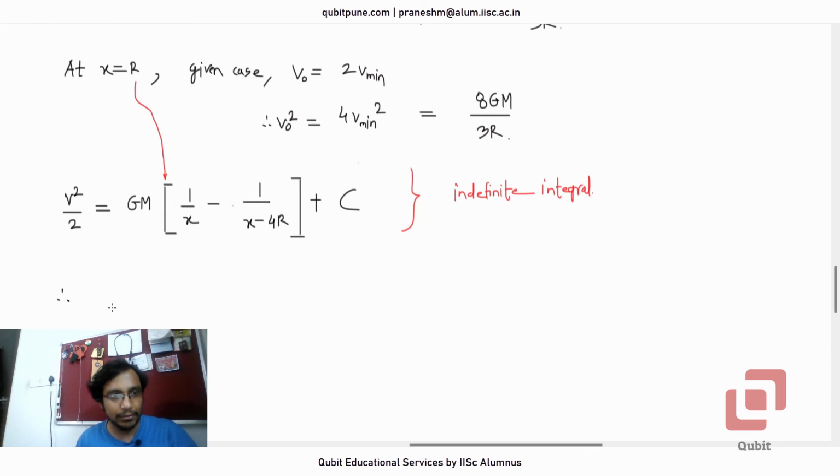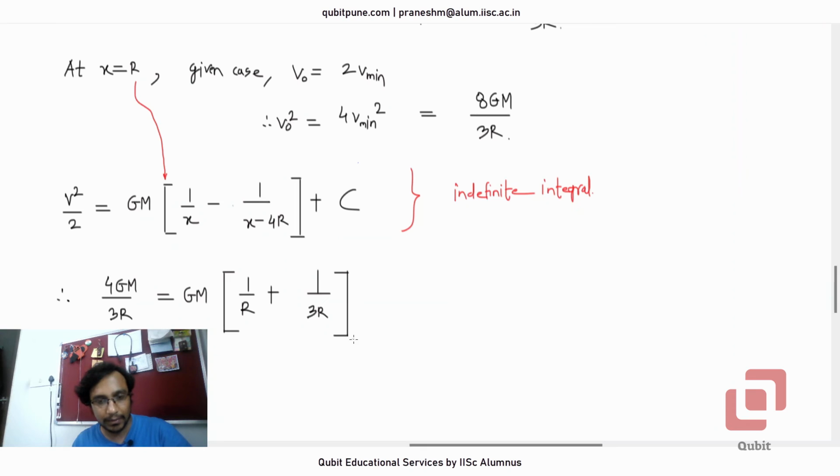So v squared by 2, that will be 4GM by 3r, because this 2 will get cancelled, equal to GM into bracket 1 upon r minus 1 upon r minus 4r, that is negative 3r, so plus 3r, plus C.